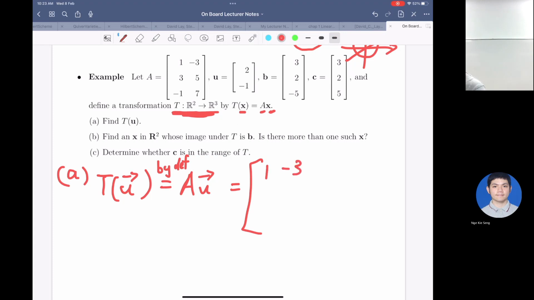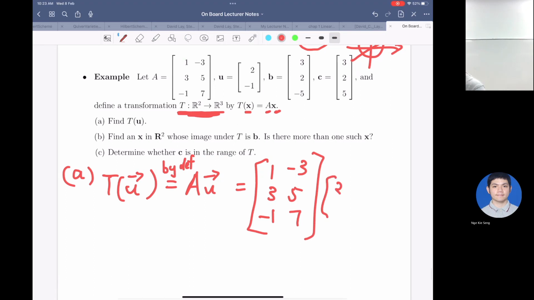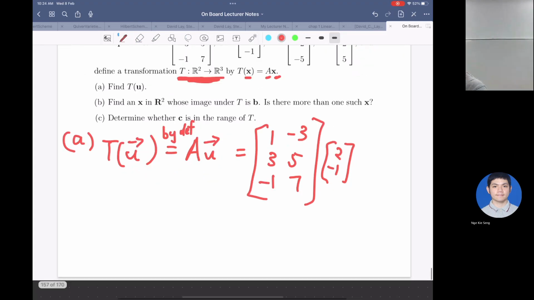A is the matrix with columns (1, -3, 5) and (3, 5, -7), times the vector (2, -1). What do you get? What's the matrix vector multiplication here? Remember, this is a linear combination of the columns with the scalars. So it's 2 times (1, -3, 5), minus (3, 5, -7).